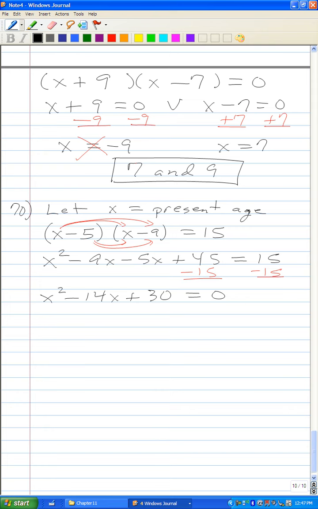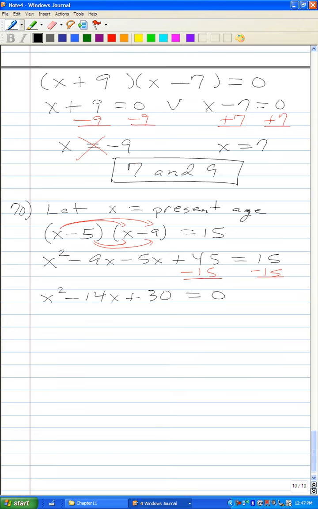Can I factor that? Let's see. 10 and 3, 5, 6, 15, 2. I don't think I can do that. Okay, so I don't think I can factor this.